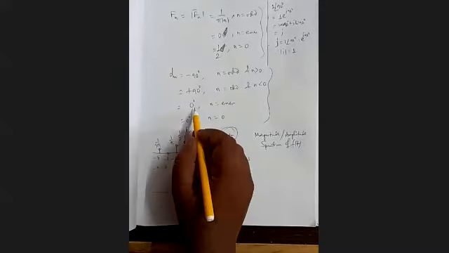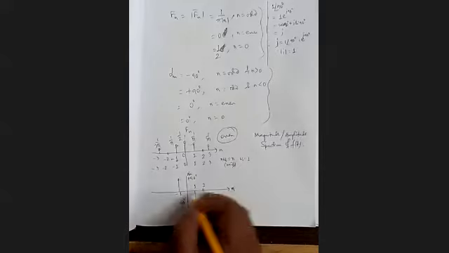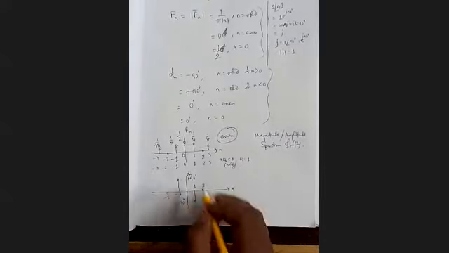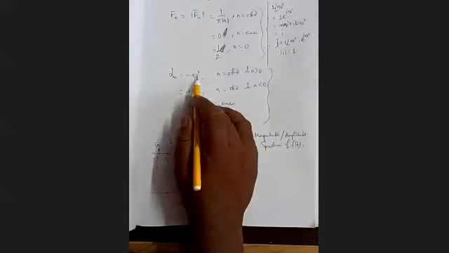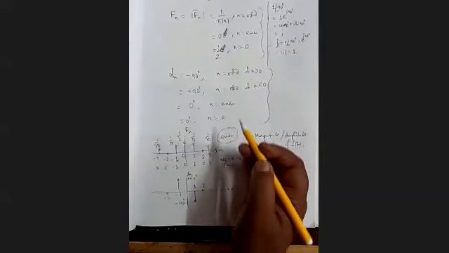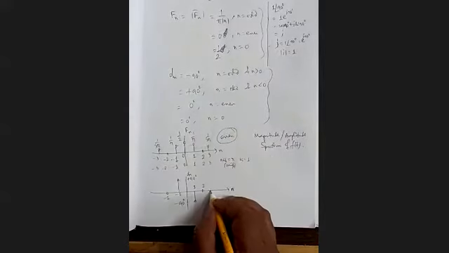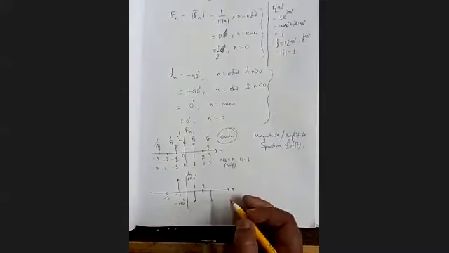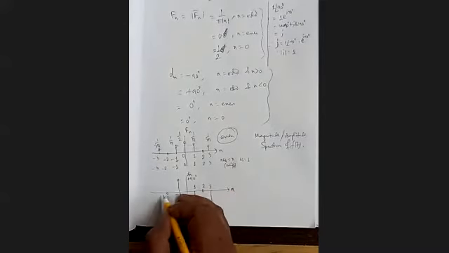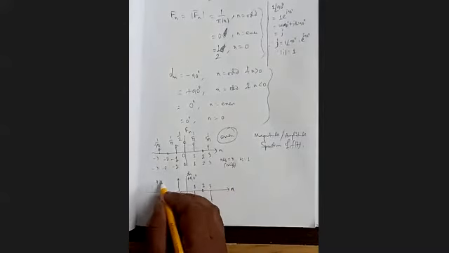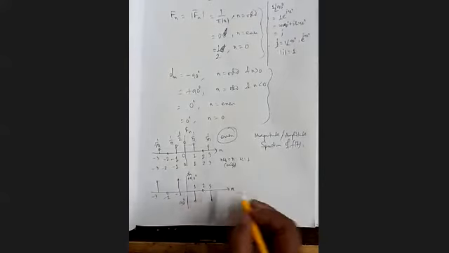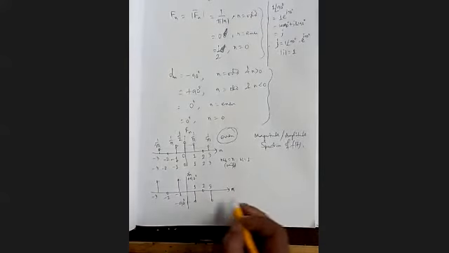For n equal to 2, it is 0, minus 2, 0. N equal to 3, again odd, minus 90. N equal to minus 3, plus 90. This way.